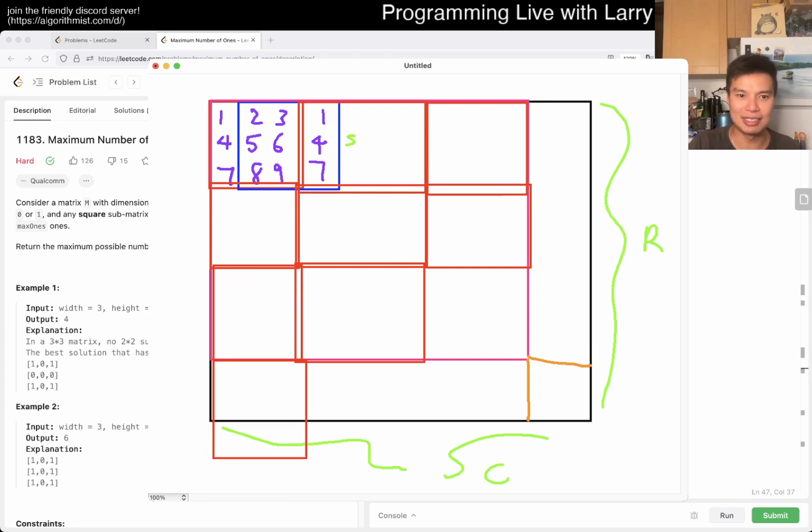I'm going to label them 1, 2, 3, 4, 5, 6, 7, 8, 9, right? And let's say if you have ones, I'm just going to write an X for the ones. Your goal here is to optimize this such that, this is a terrible drawing, and terrible proportions.